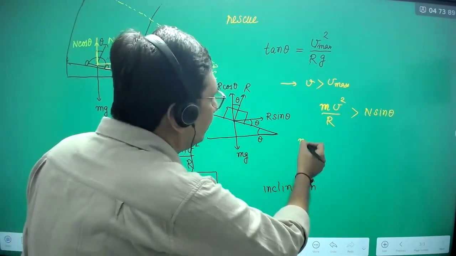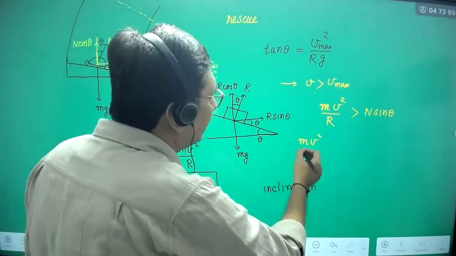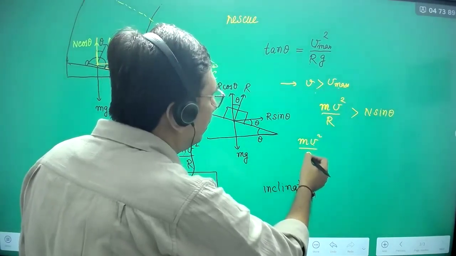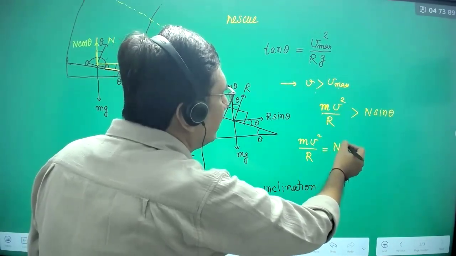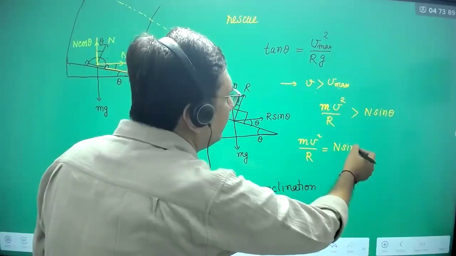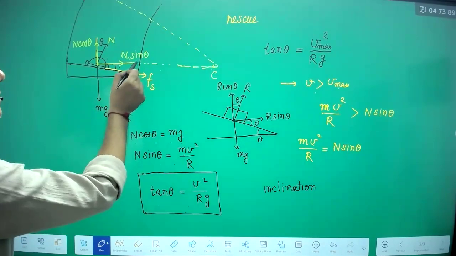So in that case, if V is greater than V max, then mv square upon r will be provided by a part by this component N sin theta, plus a component of Fs in this direction.